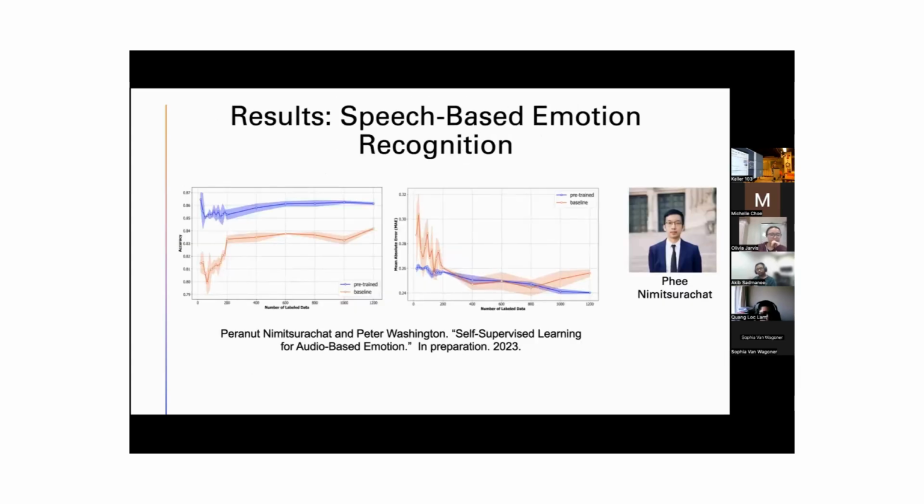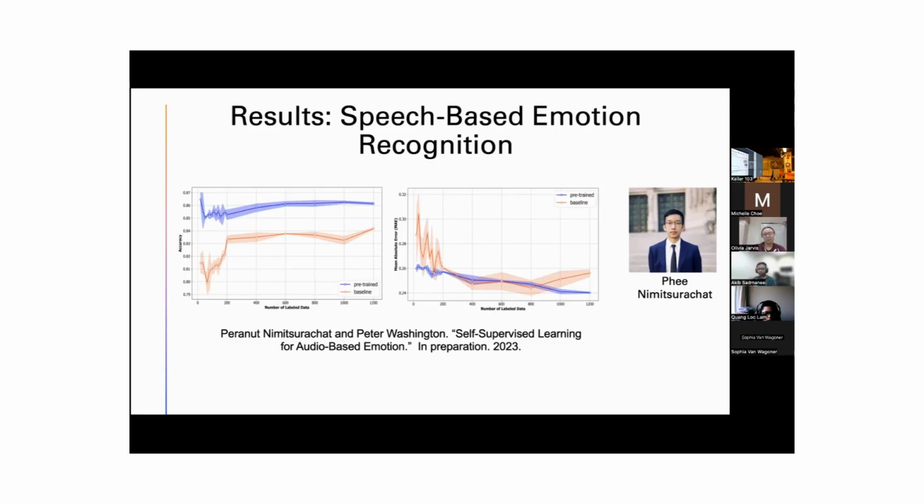I have other students who did the same type of method, and in this case, it was for emotion recognition from audio data, which is also a little subjective, along similar lines.